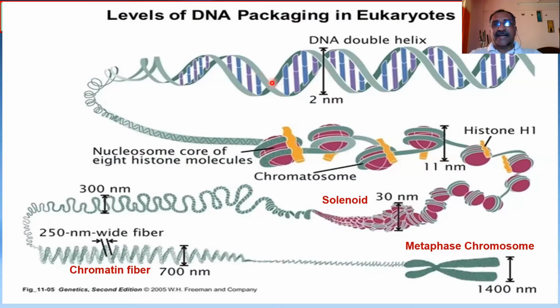This basic DNA has a particular width, just 2 nanometers. But this 2 nanometer DNA becomes a structure like this. In this structure, you see the repeated beads.